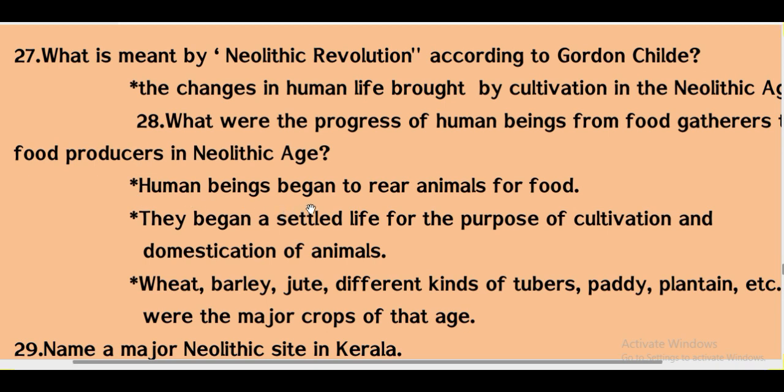Human beings began to rear animals for food. They began a settled life for the purposes of cultivation and domestication of animals. Wheat, barley, jute, different kinds of tubers, paddy, plantain, etc. were the major crops of that age.